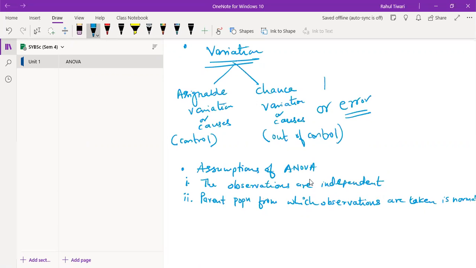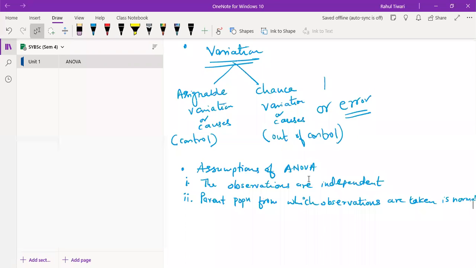This means they're talking about the concept of normal distribution. I hope everybody knows now what a normal distribution is. We will not discuss it much, but briefly, in descriptive statistics I taught you several techniques to check whether the data coming from the parent population is normal or not.